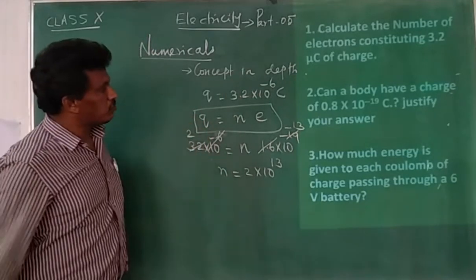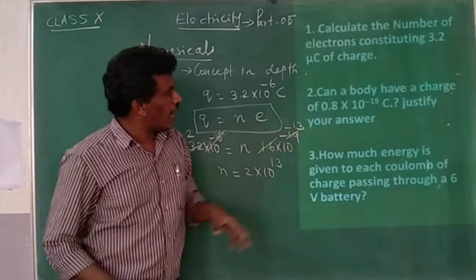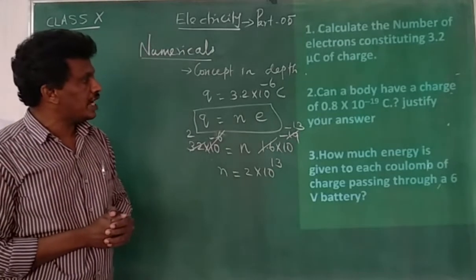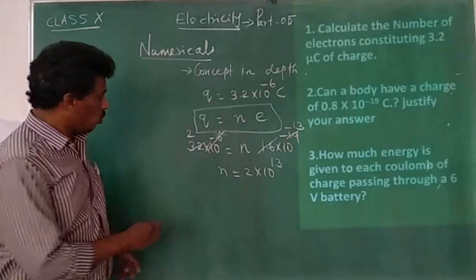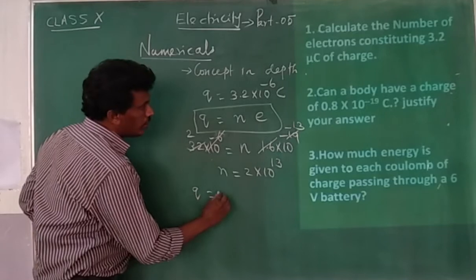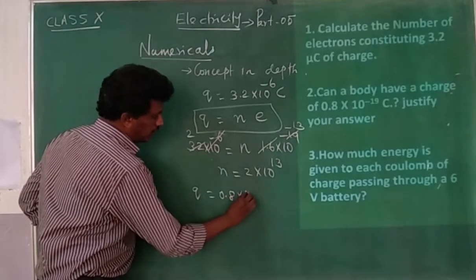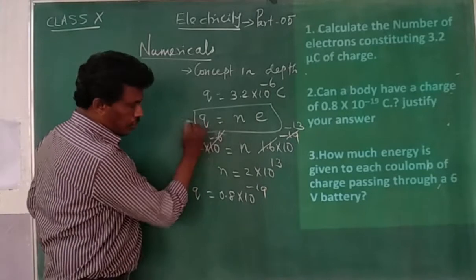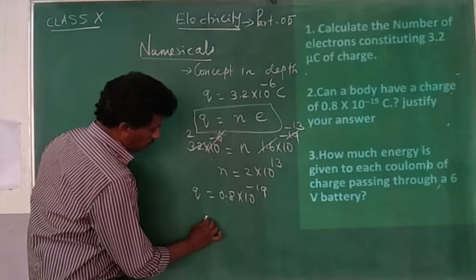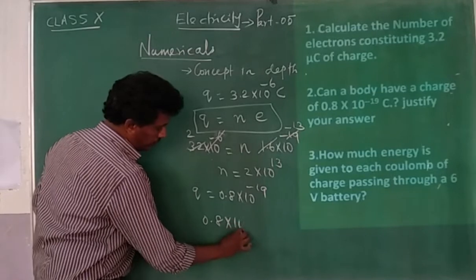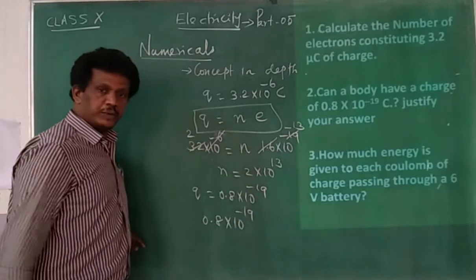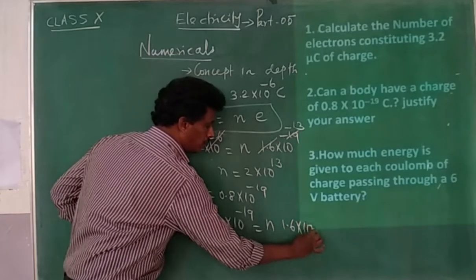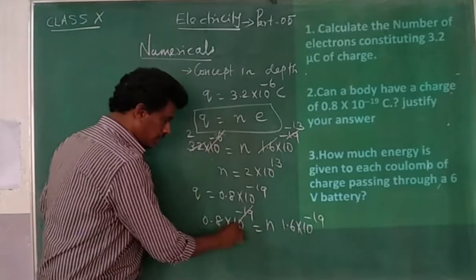Look at question number 2. Can a body have a charge of 0.8 into 10 power minus 19 coulomb? So Q equal to 0.8 into 10 power minus 19. The same concept we are going to use. Q, 0.8 into 10 power minus 19, equal to N into 1.6 into 10 power minus 19.